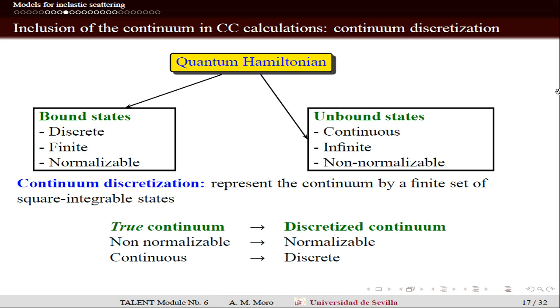This piece of the continuum will be represented by a finite number of states that ideally should be square integrable. It's not always necessary, but for the coupled channels method it is very convenient to have this property. So this is the idea of continuum discretization: going from the true continuum, the scattering states, to a discretized continuum with normalizable states.